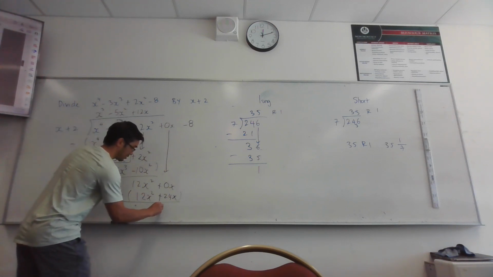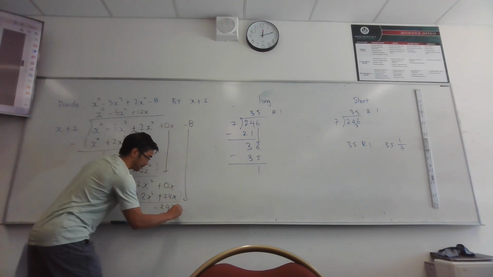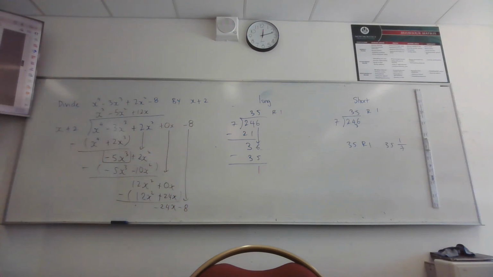Negative 24x. I'm running out of whiteboard space. Bring down the negative 8. x times what is a negative 24x? Negative 24.